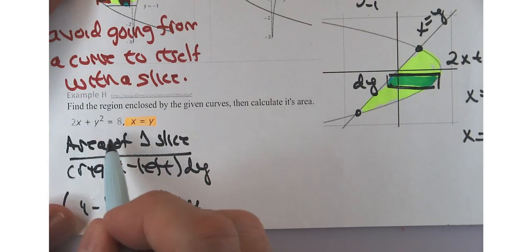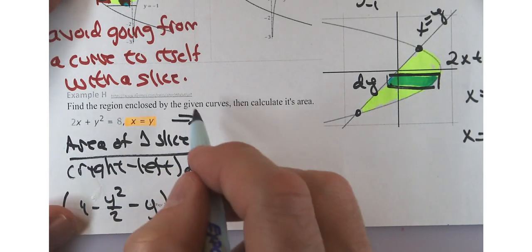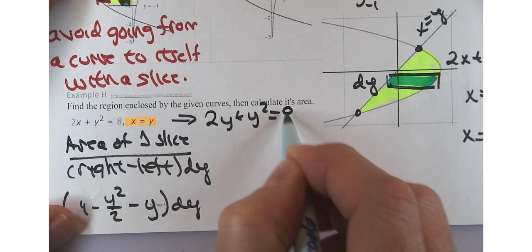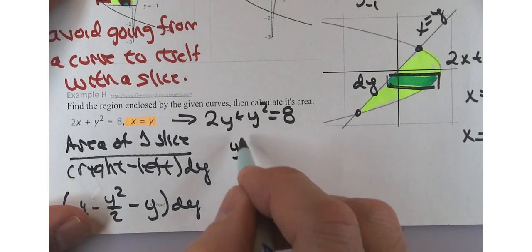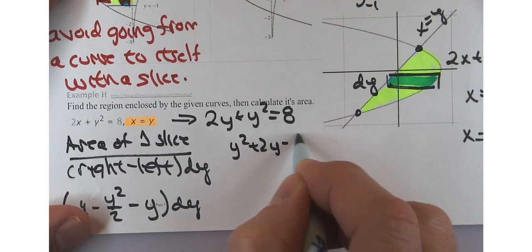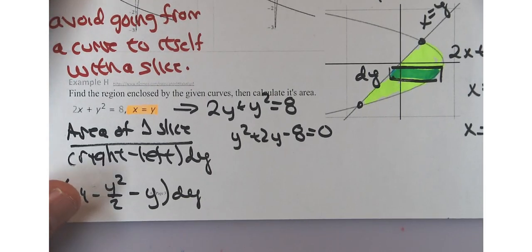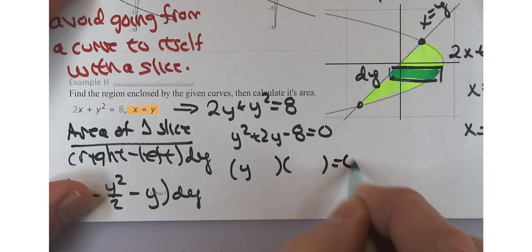So with our substitution, that's going to be 2y plus y squared equals 8, or y squared plus 2y minus 8 equals 0. And that's going to factor. How's that factor?